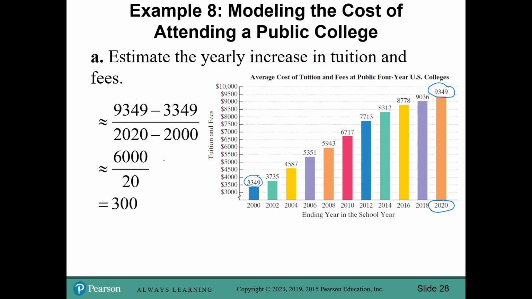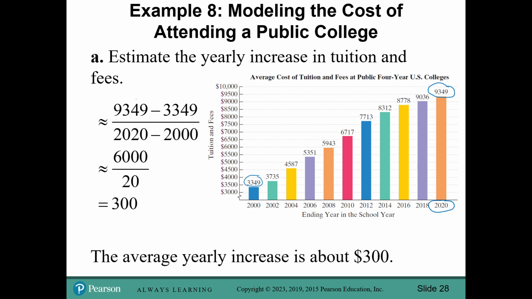Now, when we do this math, after we do our subtraction, we get 6,000 on top. So it has changed $6,000 over this 20-year period, or approximately $300 per year. So the average yearly increase is about $300 from 2000 all the way to 2020.